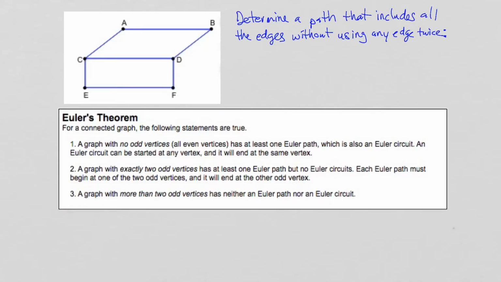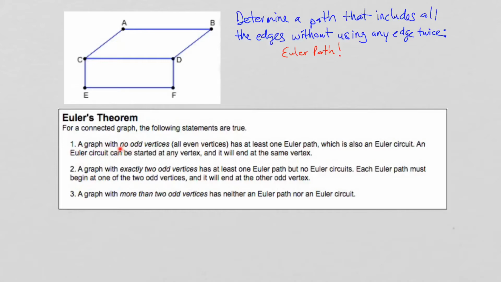Okay, so let's talk about determining a path that includes all the edges without using any edge twice. So that is basically asking for an Euler path. We have a little bit of guidance from Euler's theorem, and basically we want to focus on the vertices.